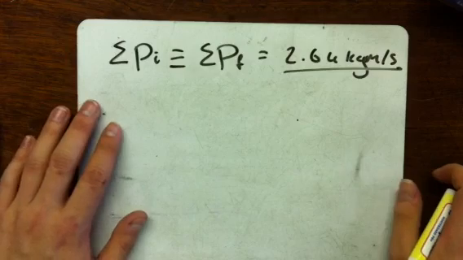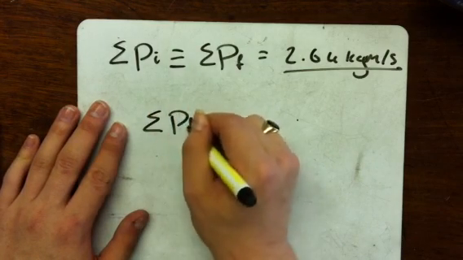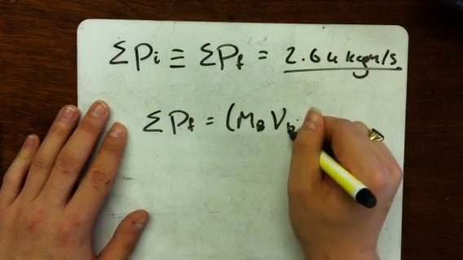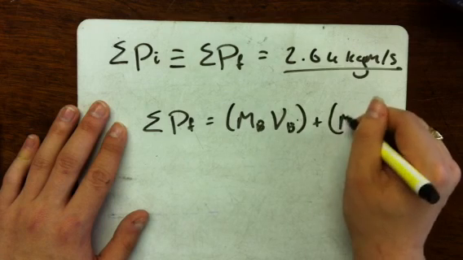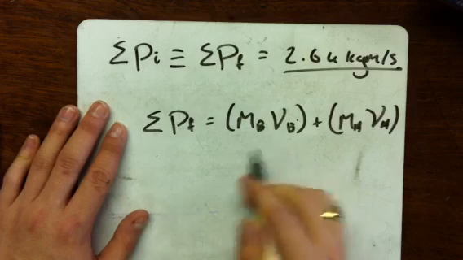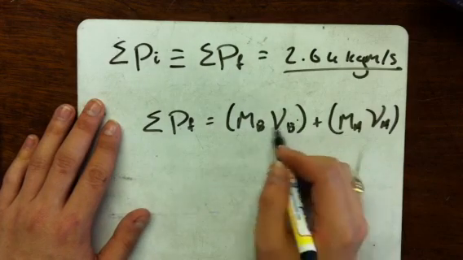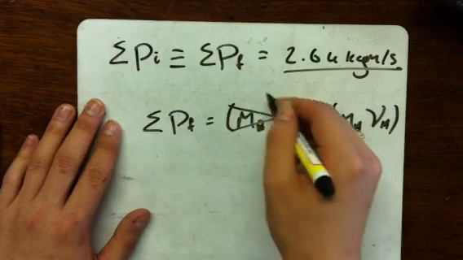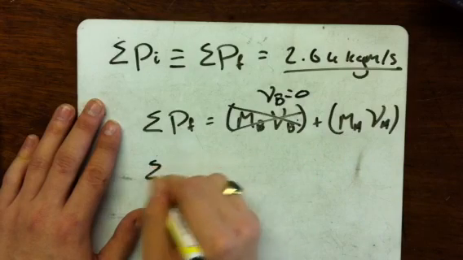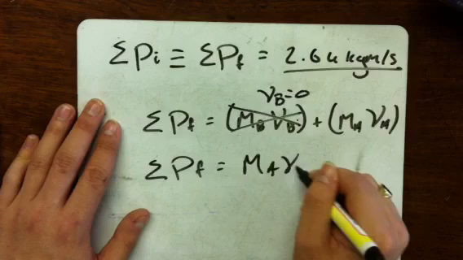Okay, so now we do part B, remembering that the sum final momentum is going to be equal to the mass of the bullet times the velocity of the bullet, plus the mass of object A times the velocity of object A. Now, again, we know that's 100% transfer of momentum, so velocity B will be 0. So that whole bit cancels out. Therefore, we get sum of the final momentum equals mAvA.